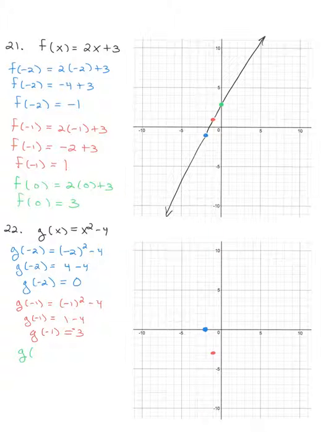G of 0, that's 0 squared minus 4. That's simply just -4. 0 for x, -4 for y. If I look at g of +1, that's going to be 1 squared minus 4, which is just, again, 1 minus 4, which is -3.